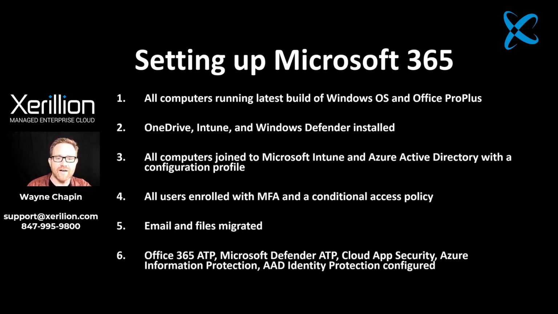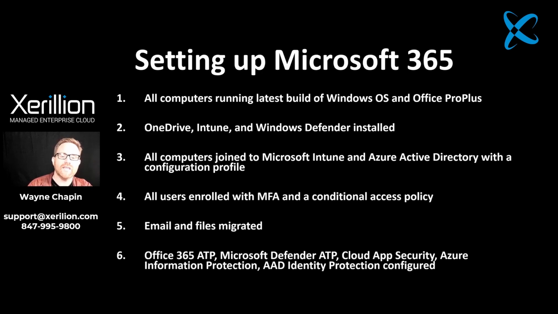Now, in a nutshell, this is what it looks like to us to properly set up Microsoft 365. Number 1, all computers should be running the latest build of Windows operating system and Office Pro Plus. Number 2, you need to have OneDrive installed, Microsoft Intune, and Windows Defender installed on each one of the computers. Number 3, all computers would be joined to Microsoft Intune and Azure Active Directory with a configuration profile. Number 4, all users should be enrolled in multi-factor authentication and have at least a basic conditional access policy set up.